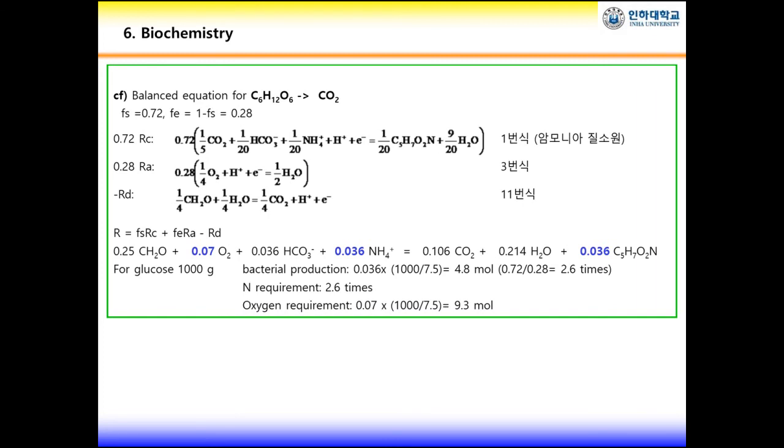If you sum up these three reactions, you will end up with these reactions.